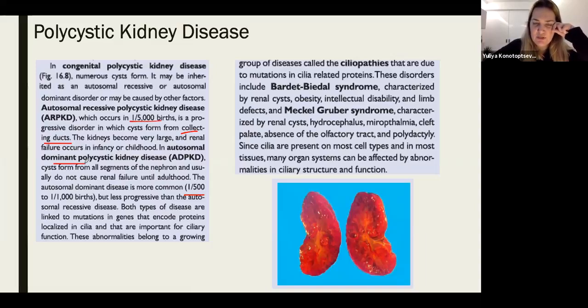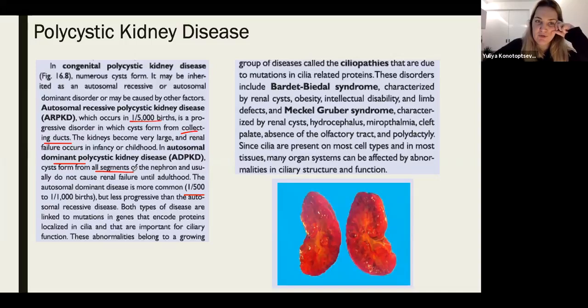In the dominant polycystic kidney disease, the cysts could be in all segments of the nephron, but the collecting ducts are typically staying open. So does it mean that every single nephron will be affected? Not really, okay?